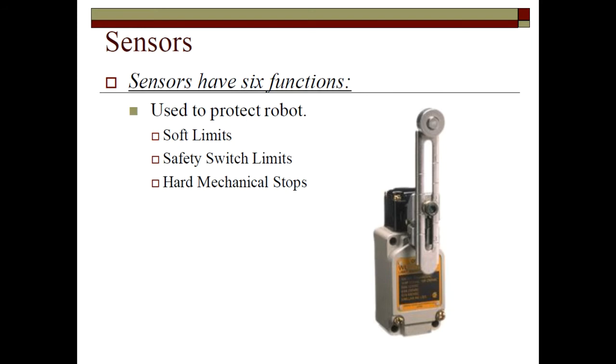Really, the idea is to have it in this order, so the software should limit it before we get to the physical limit switch. But if it doesn't, then you've got the limit switch and it should tell it to stop. And if that doesn't work, then we're going to physically hit this mechanical stop. But really, hitting that mechanical stop is not good for the robot, so it's just an emergency last resort sort of thing.